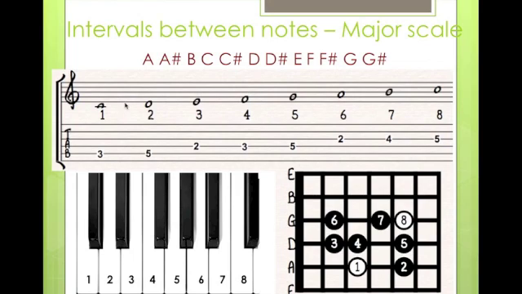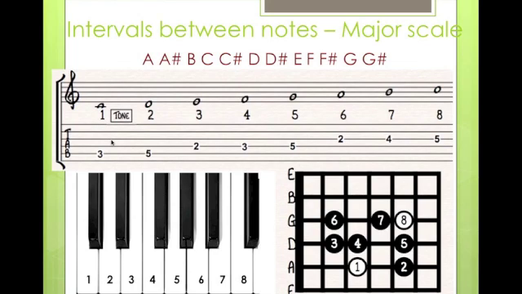We want to identify which one it is here. So between C and D, we want to count the semitones. Let's start at C. C to C sharp is one semitone, C sharp to D is two semitones, so that equals a tone. That's correct.